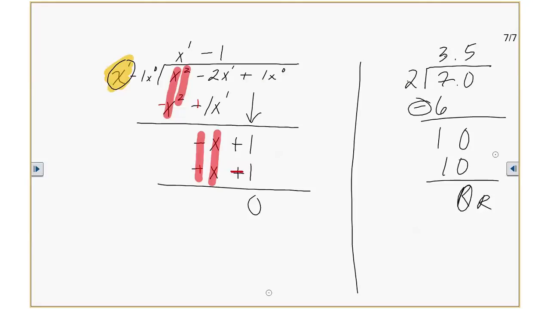So is it always going to end up with a negative, like when we canceled the negative 2x? It's going to end up whatever you want it to be. I'm not being a smart aleck. You do whatever you want to get rid of that. In other words, the first column will always cancel, because that's what you're manipulating.